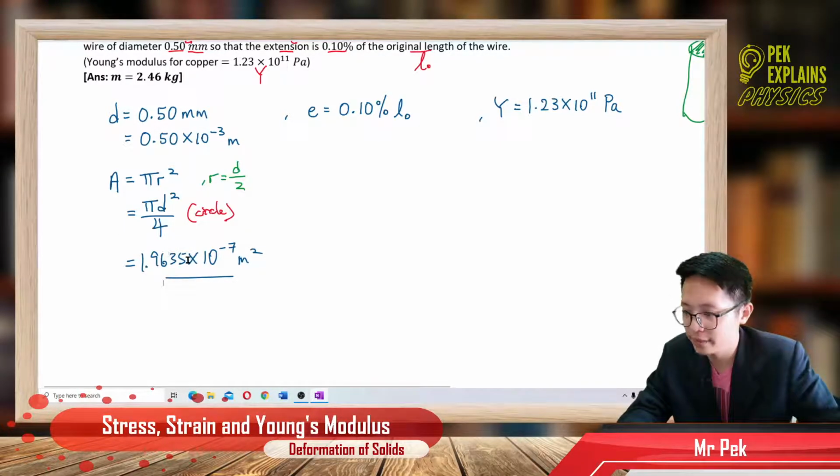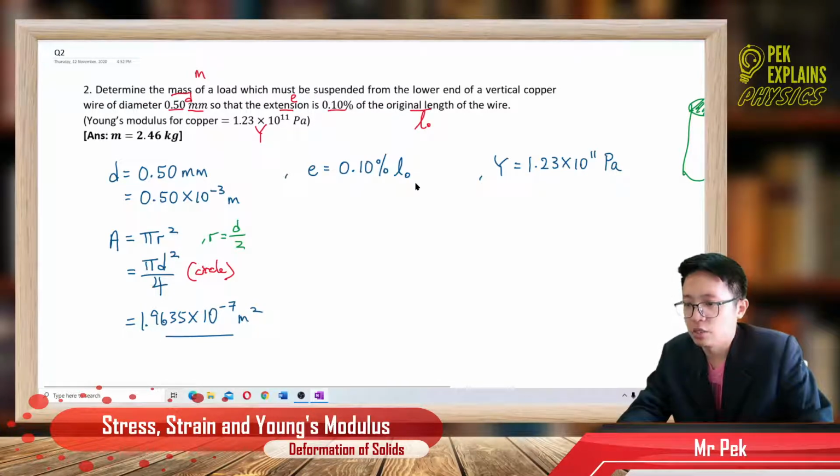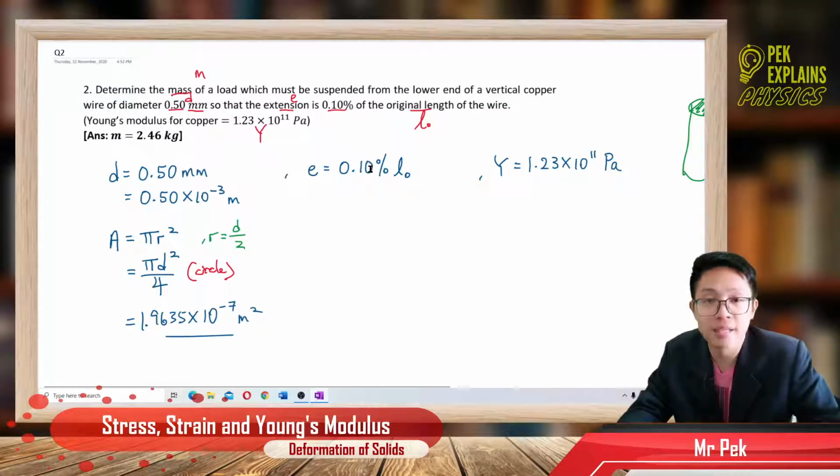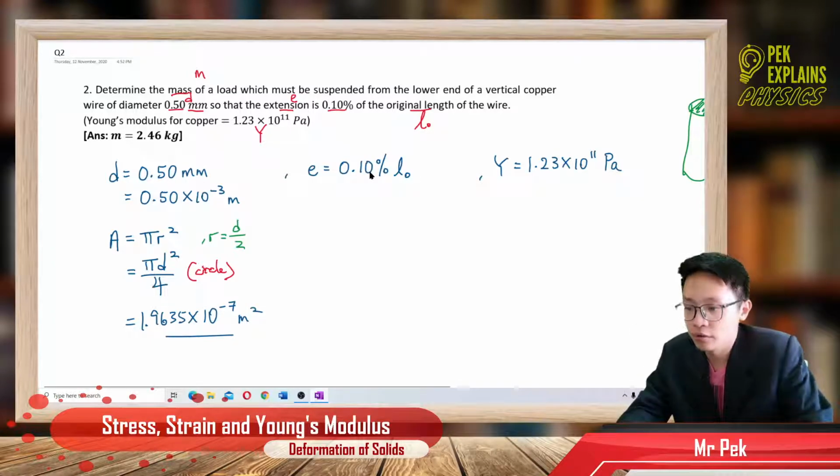We got one. Okay. Now, given this extension 0.1% of the original length, that means we can change the percentage into fraction. Always change the percentage into fraction. When we see percentage, we change to fraction. So percent means divide by 100. Do you know that?